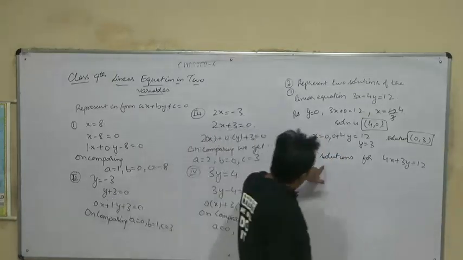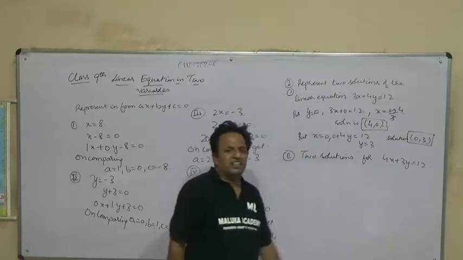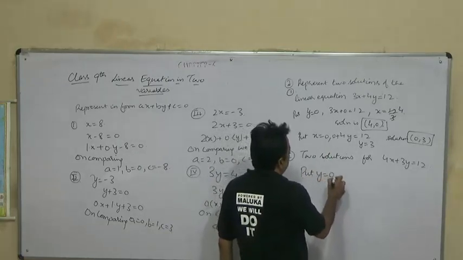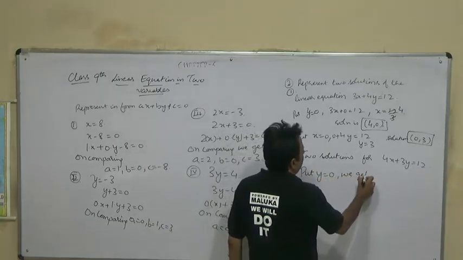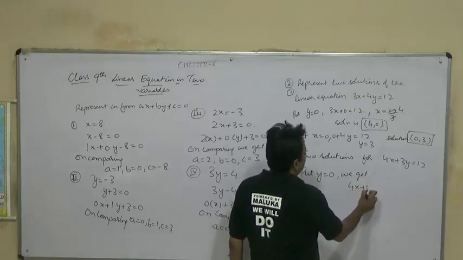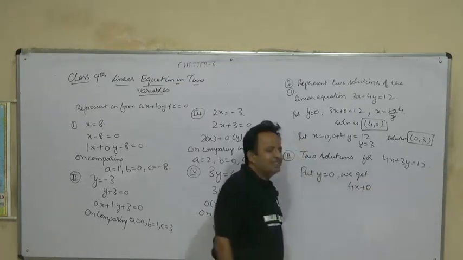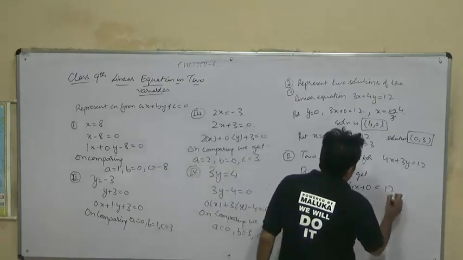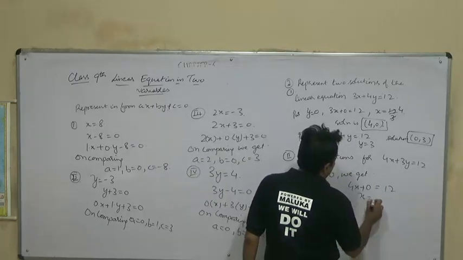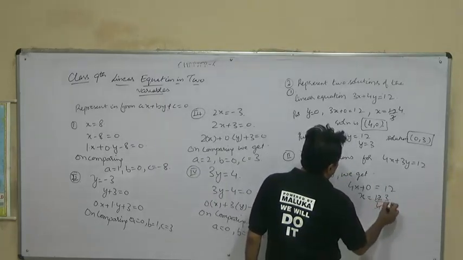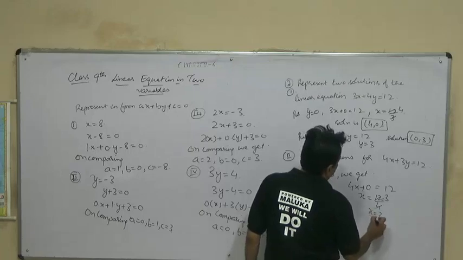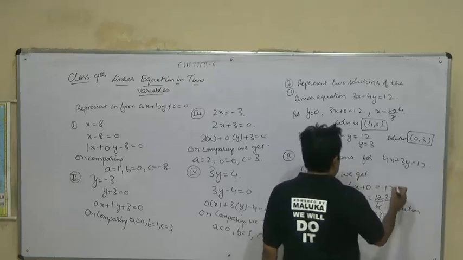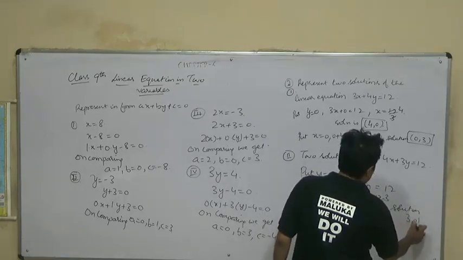So let us find the two solutions for 4x plus 3y is equal to 12. Again the steps are the same. Put y is equal to 0, what do we get here? 4x plus 0, because if y is 0 then 3 into 0 is also 0. So this will be equal to 12, x is equal to 12 upon 4, cut it by 4, x is equal to 3. The solution of the equation is 3 comma 0.